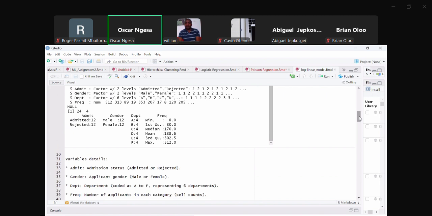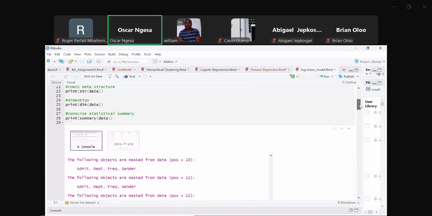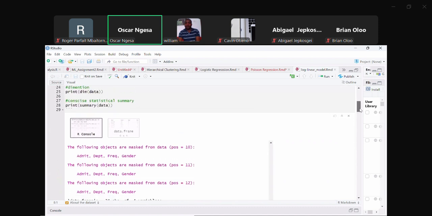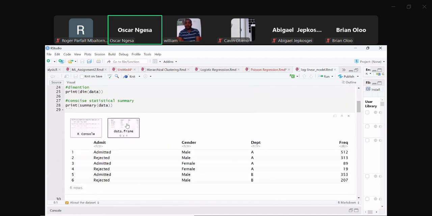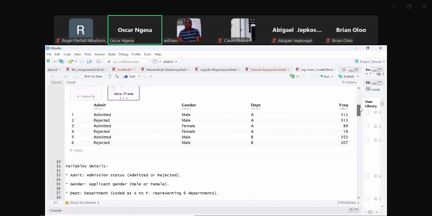I saw your response variable, was it frequency or what? Yeah, frequency. I need to see the head of the data, how the data looks, especially looking at the frequency bit. Oh, okay. So it shows those who are admitted and are male and belong to Department A are 512. Is that the interpretation of the table?